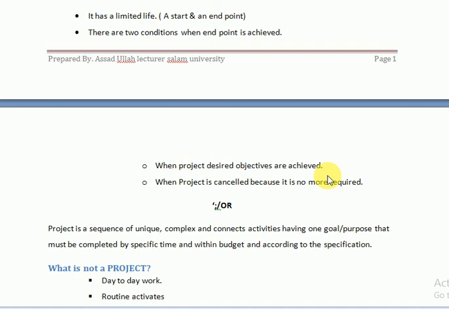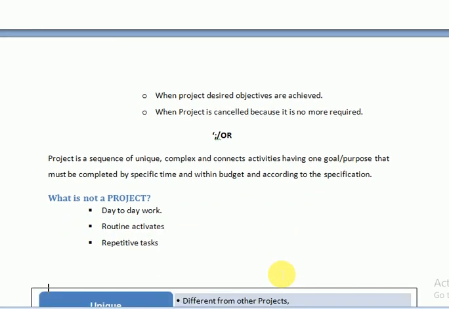Our next topic is what is not a project, which activity should not be called a project. Day-to-day work, routine activity, or repetitive tasks should not be considered a project. Like you take daily classes, you come to the university daily.